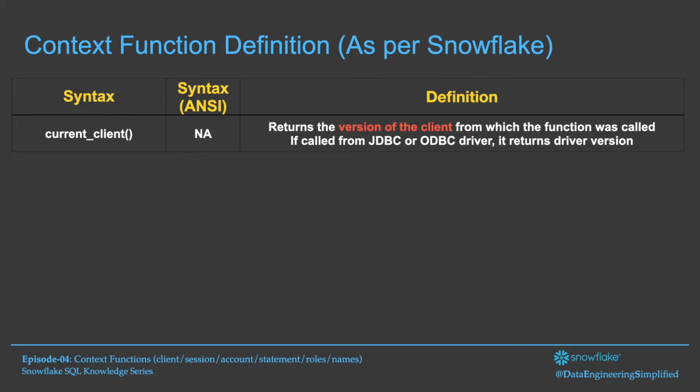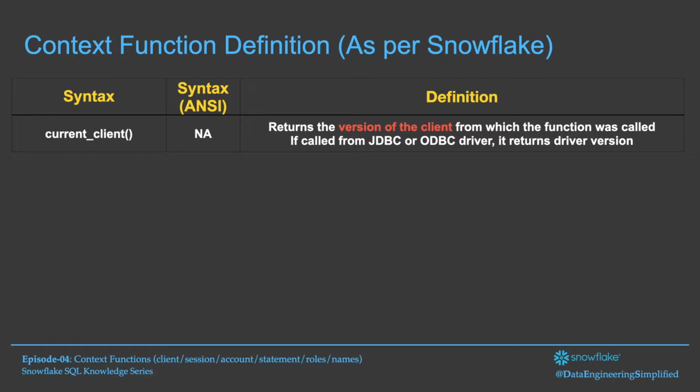Each of them comes with a version. When you use this current client function, it not only tells you through which client you are connected, but it also tells which version of the client is being used to interact with Snowflake. If you call this function through the JDBC or ODBC driver, it returns the driver version rather than the connector version or the version of that interface.